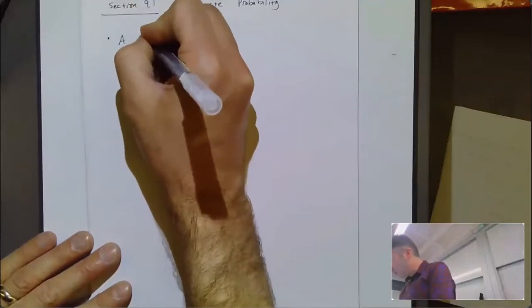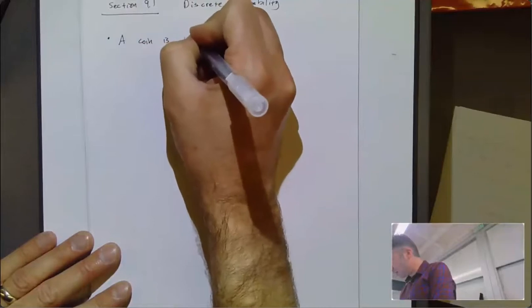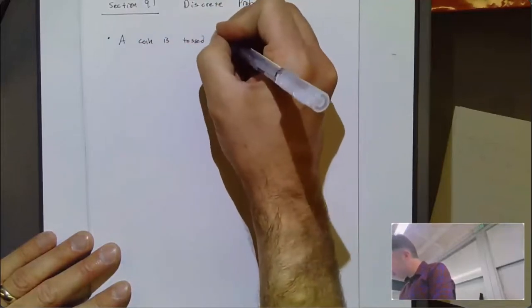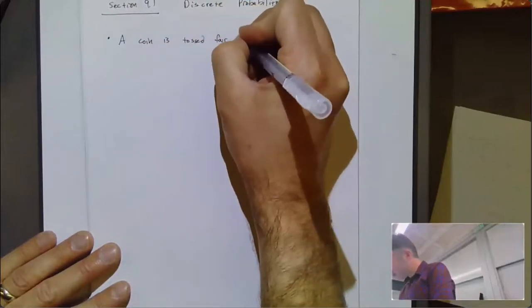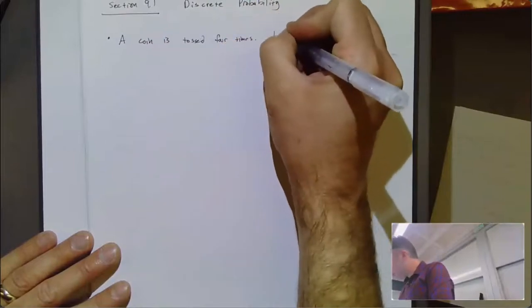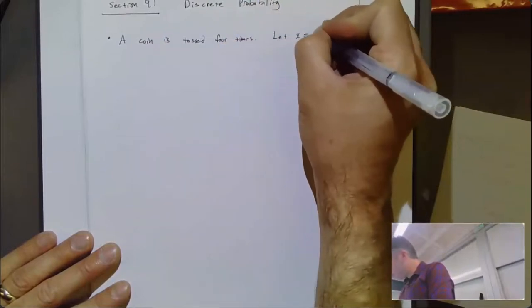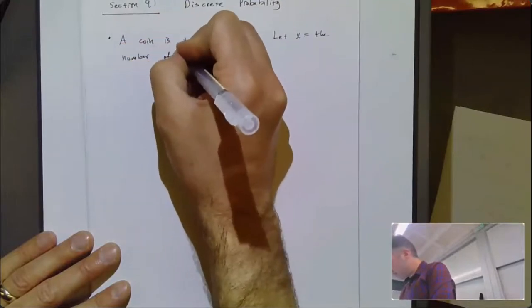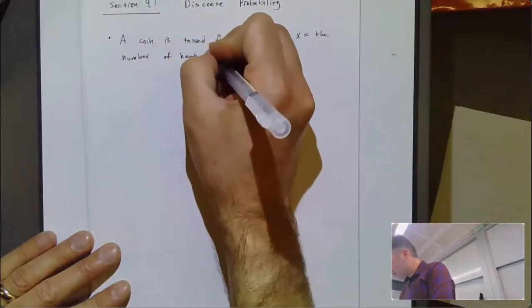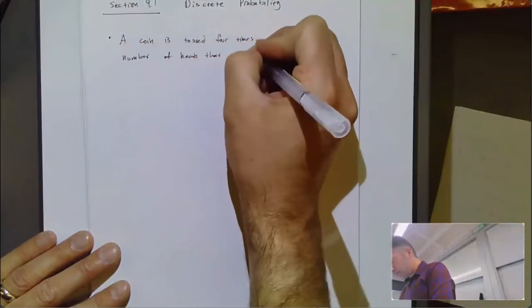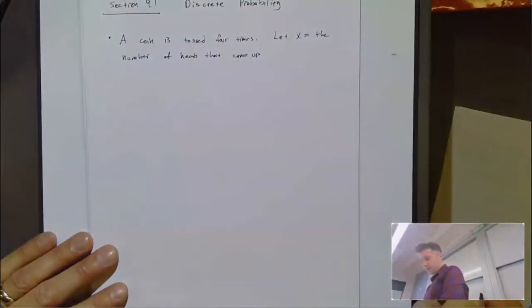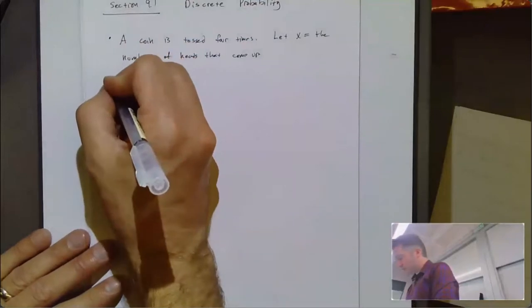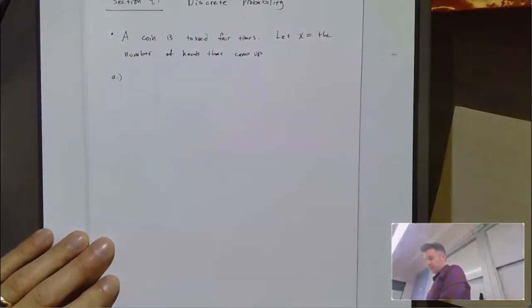A coin is tossed 4 times. Let x equal the number of heads that come up. So first, we're going to list the sample space.